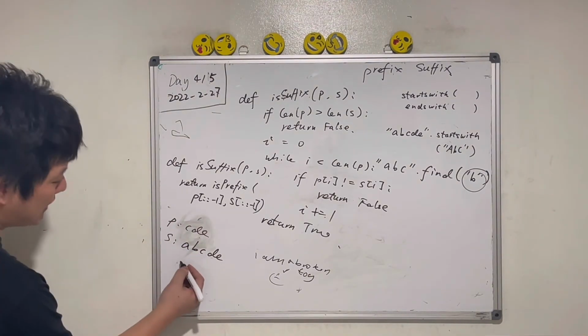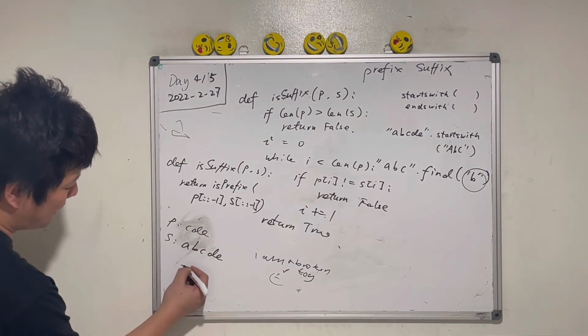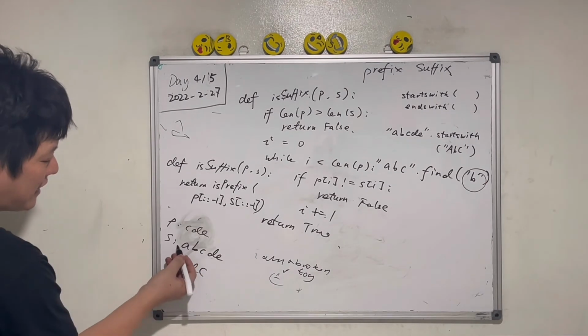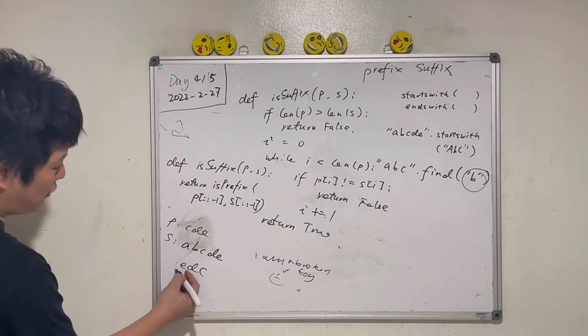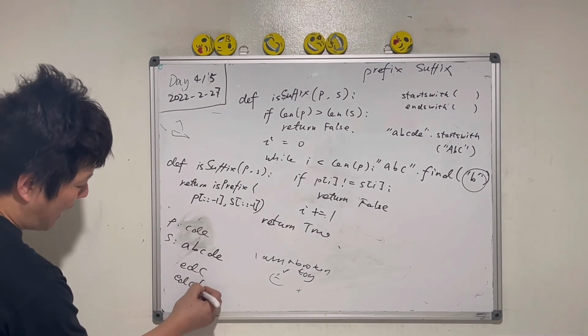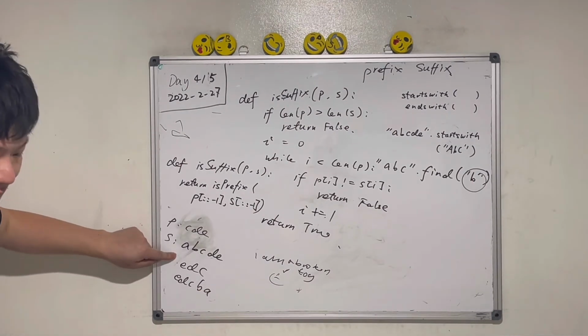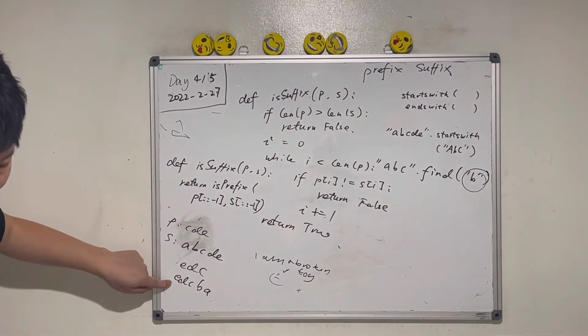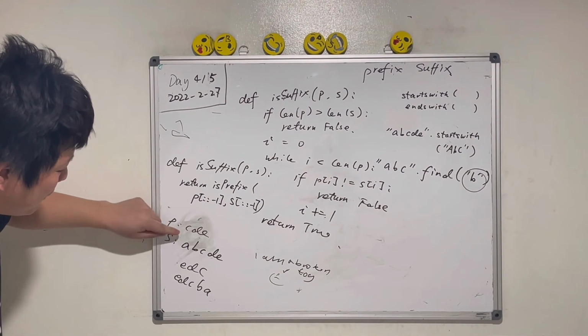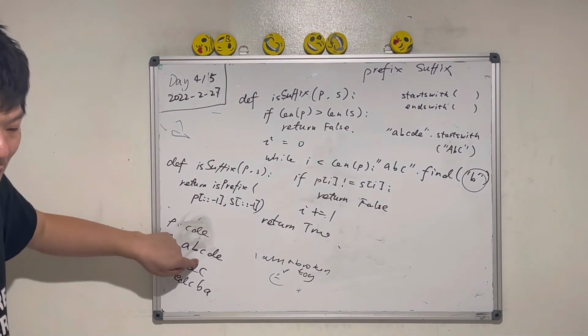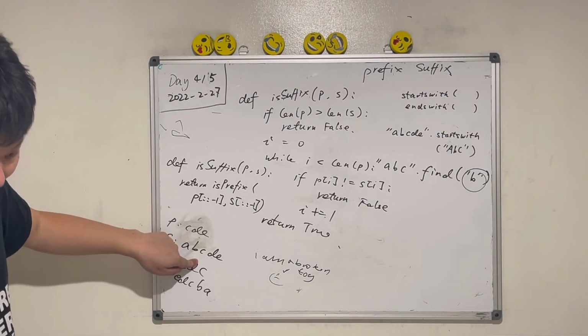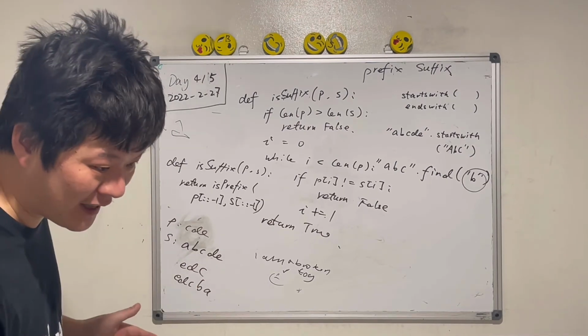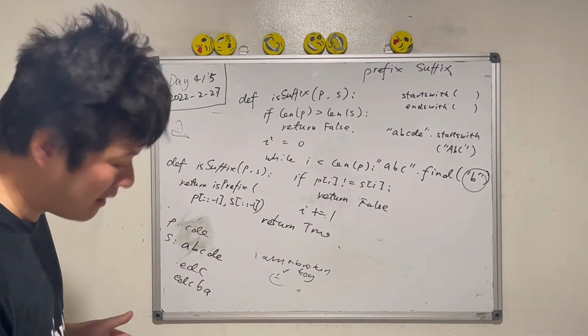P reverse will be EDC, right? Then S reverse will be EDCBA, right? Look, EDC is a prefix of EDCBA. So that means original string CDE is a suffix of ABCDE, am I right? Make sense? Do you understand? Do you get it?